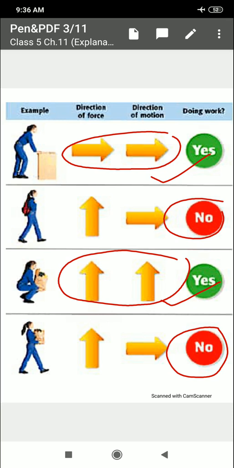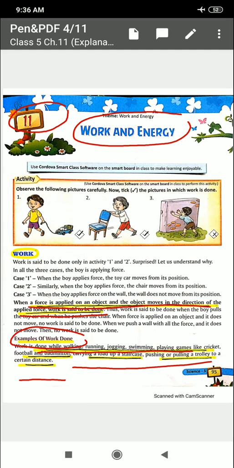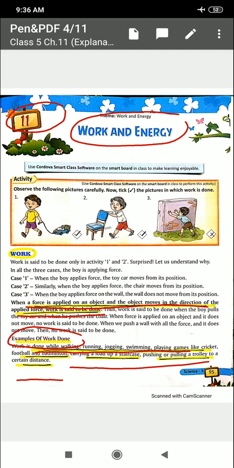That means the direction of the force applied and the direction of the movement of the object should be the same. Then only we say the work is done. So here we discussed the definition of work done. When a force is applied on an object and the object moves in the direction of applied force, the work is said to be done.